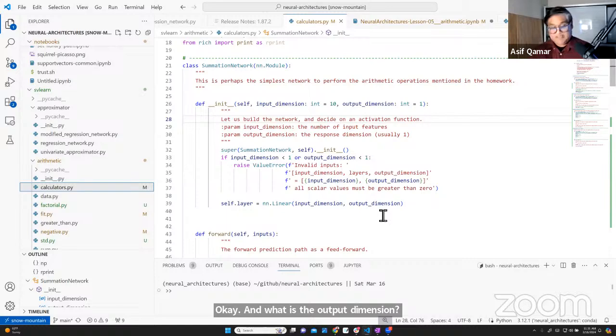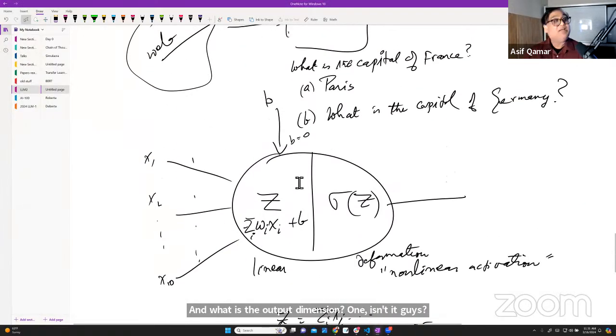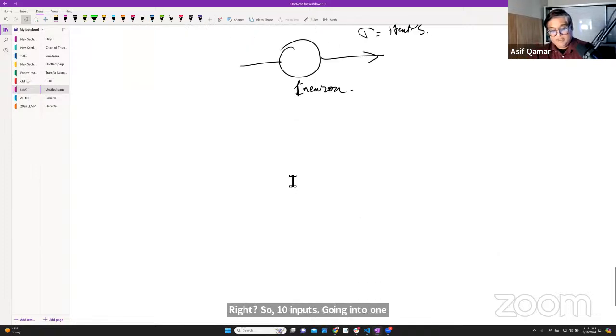Isn't it, guys? It's basically this picture. This picture, 1 neuron, is 10. Remember, output dimension tells how many neurons are in the layer. When your output dimension is 1, how many neurons are there in that layer? 1. Right? So 10 inputs going into 1 neuron producing an output.